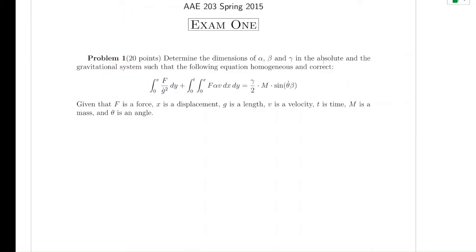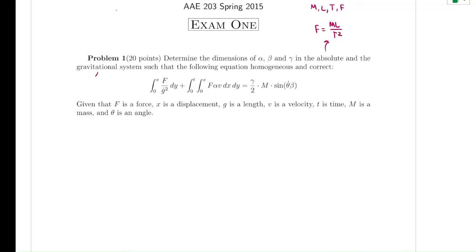The absolute system basically means that we can express our four fundamental quantities, which are mass, length, time, and force. We express our force in terms of mass, length, and time. So that would be F equals ma, so mass times length over t squared.